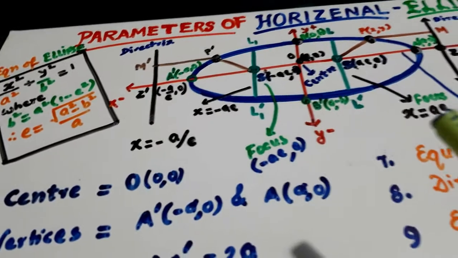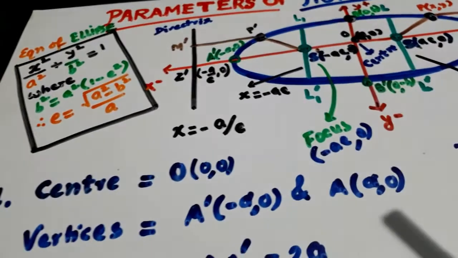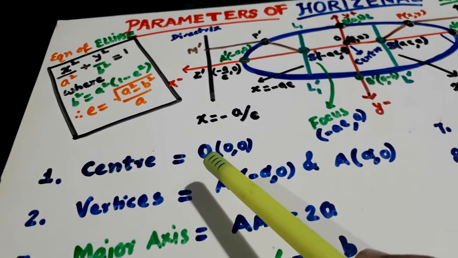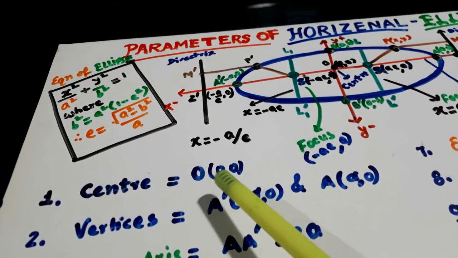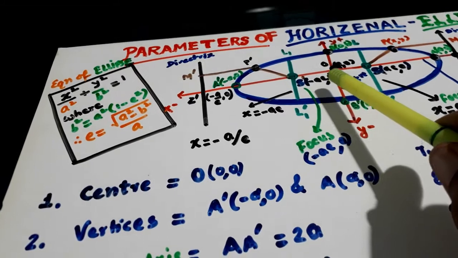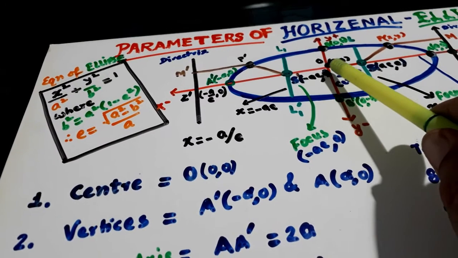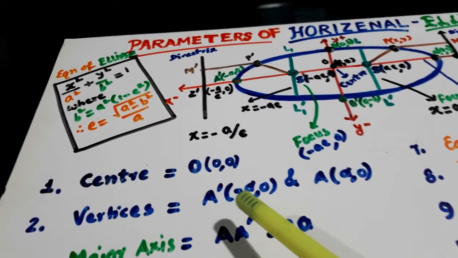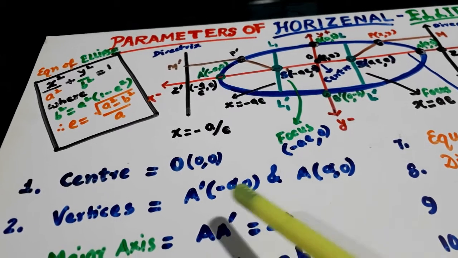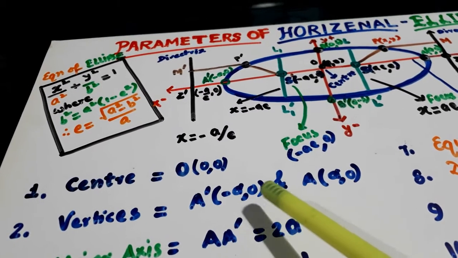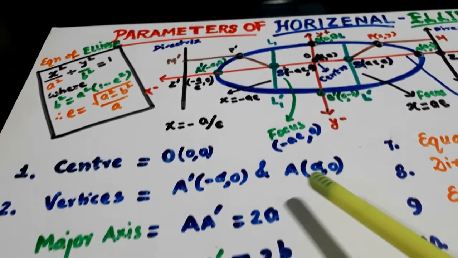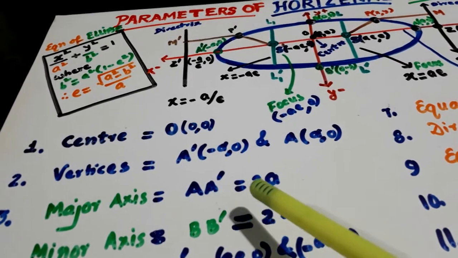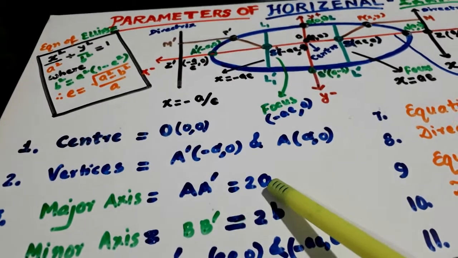Now let us discuss its components one by one. Center is O, 0, 0. I told you this is the center. Vertices are A dash and A. A dash is minus A, 0. A is A, 0. Major axis AA dash is 2A.